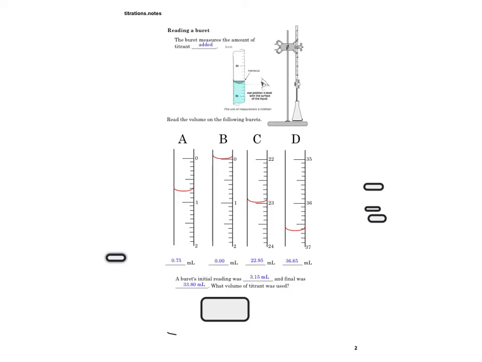Typically, when we read a burette, we're going to read it before and after the experiment. So if I know the initial and final, I can figure out how much titrant was used. That's a simple subtraction, but I want to make sure that you see the significant figures. We are going to the 100th place every single time because it's a subtraction.